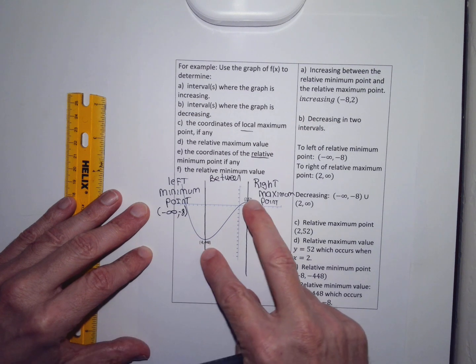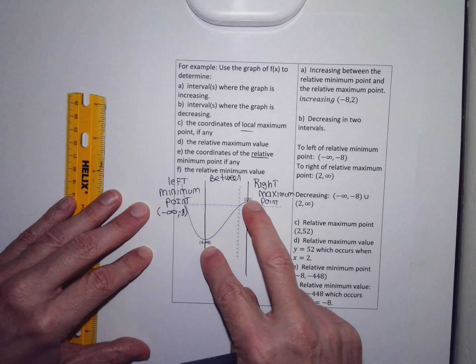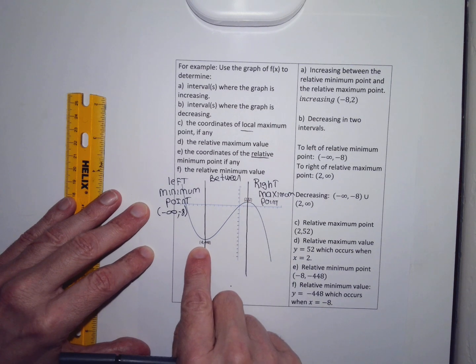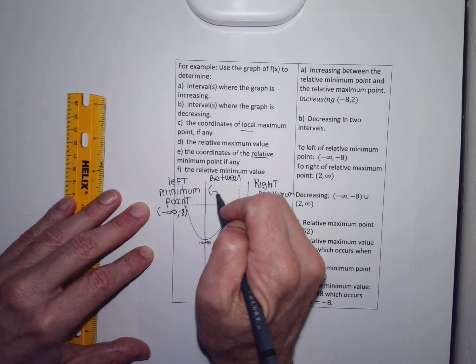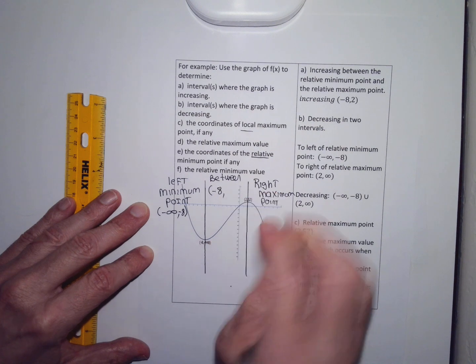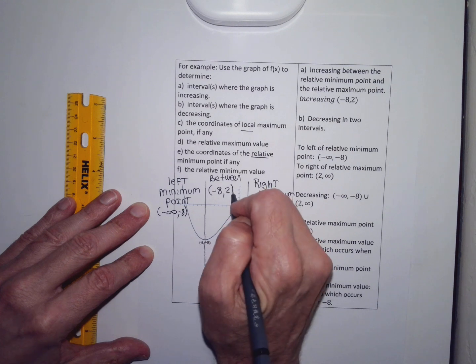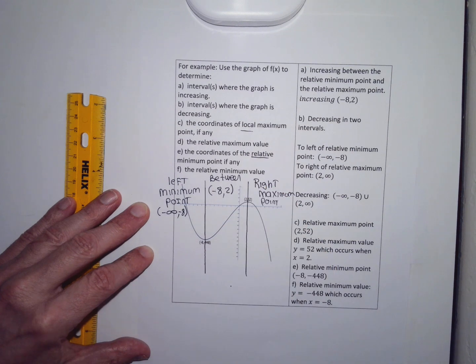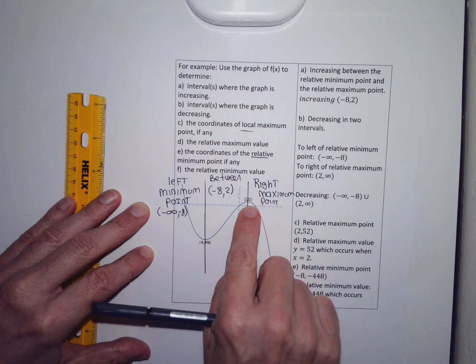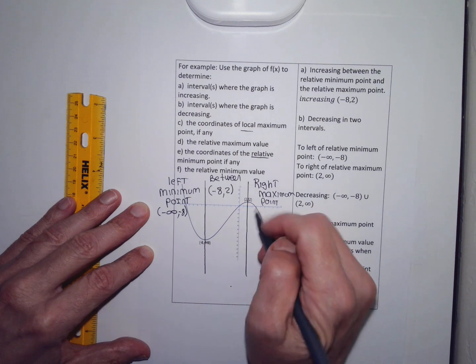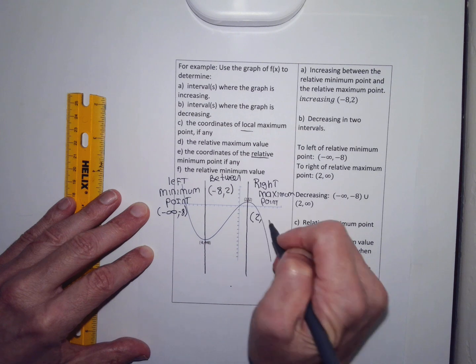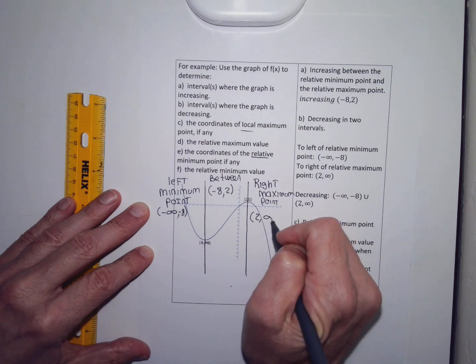The region between the minimum point and the maximum point starts at the x-coordinate of the minimum point, which is -8, and ends at the x-coordinate of the maximum point, which is 2, all round parentheses when I'm trying to describe the intervals on either side of maximum and minimum points or between maximum and minimum points. And lastly, this third region starts at the x-coordinate of the maximum point, which is 2, and goes to the far right edge of the x-axis, which is infinity.